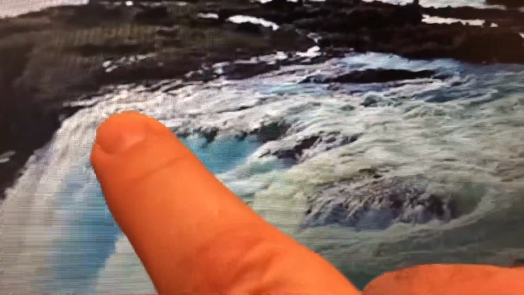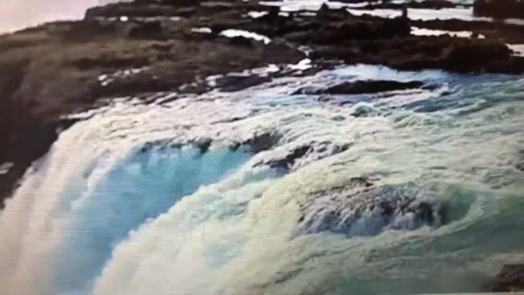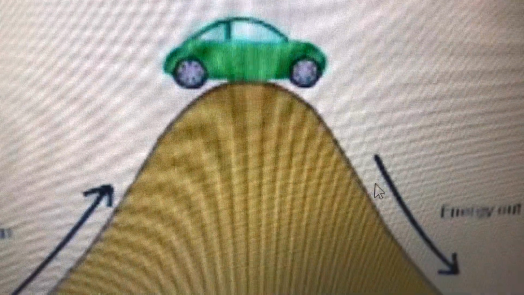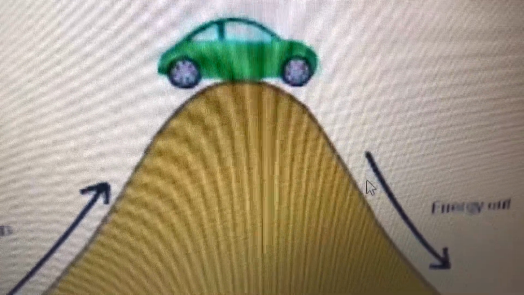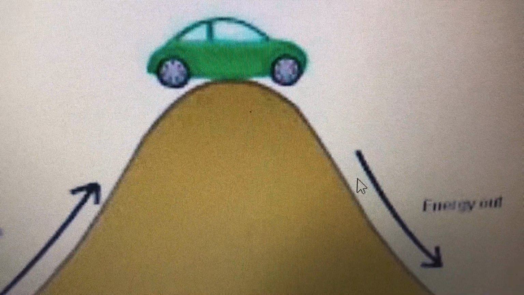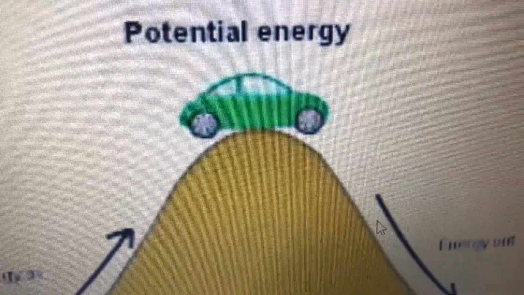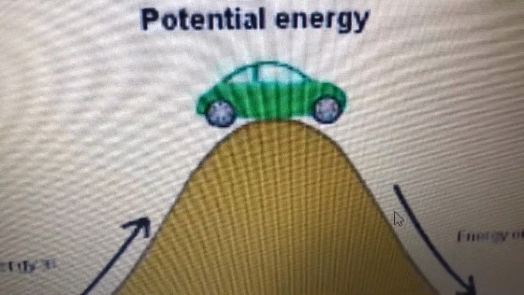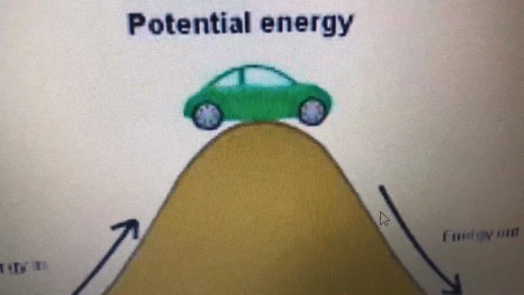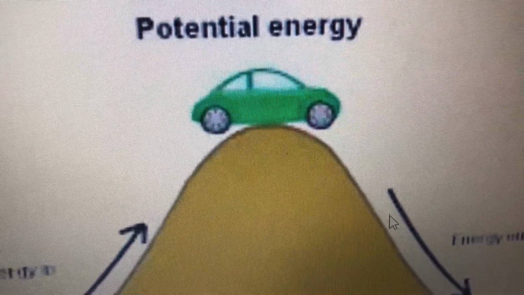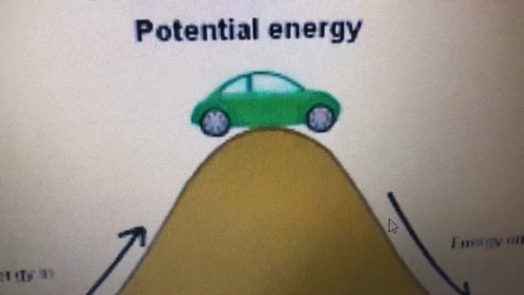It has a potential to fall, but at this moment it's right there. That would be potential energy. What do you think? That little car on top of the hill, would that be potential energy? Yes, it is potential energy because it is right there waiting. It has a potential to roll down the hill. It has to do with its position.